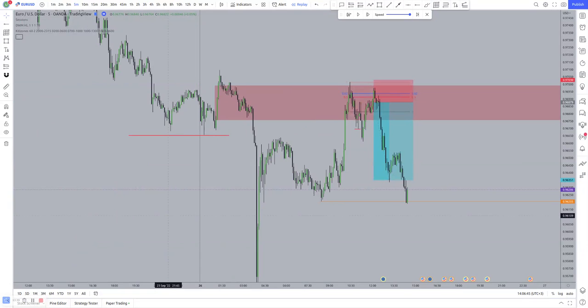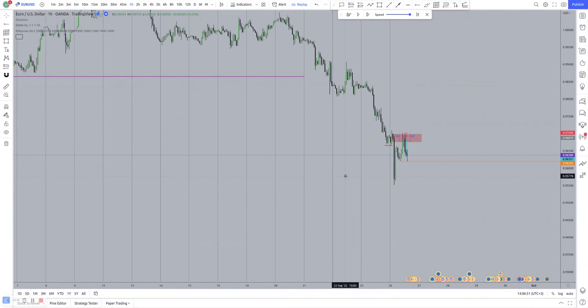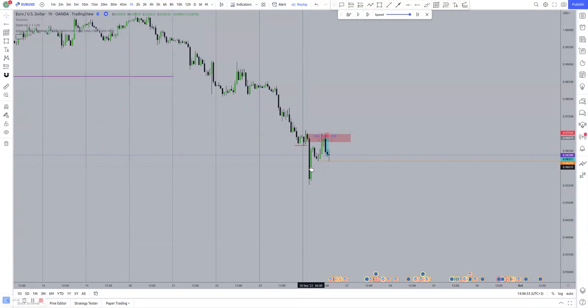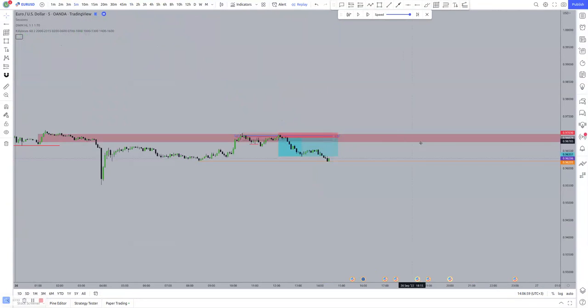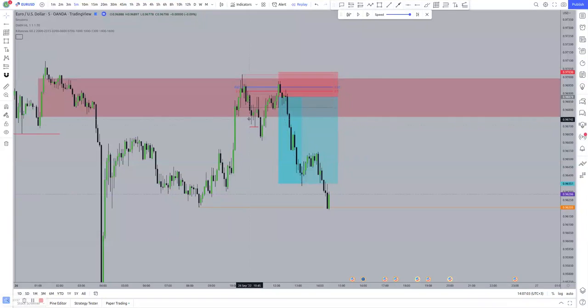All right, so to summarize this, I go back to H1. We have a break in structure. We have an order block. We went to M5. We have a break in structure. This is not a smart money reversal. If you've watched my previous videos, this is not what a smart money reversal looks like.